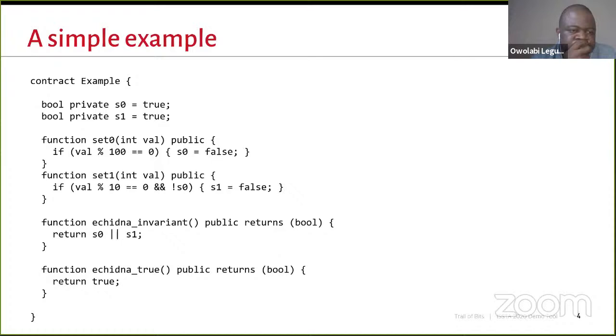This is taken from property-based testing. In this case, we have an invariant with two Boolean values. Echidna will try to execute set0 and set1 transactions, one after the other in a random way, and it will try to break the invariant. We have two invariants: one is trivially true and the other could fail.